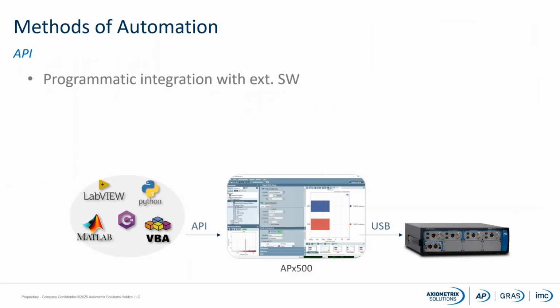But let's say you're already familiar with all these features, and none of them work for you, because what you want to do is actually integrate control of your analyzer into some other existing application that you're developing or that you've already made.